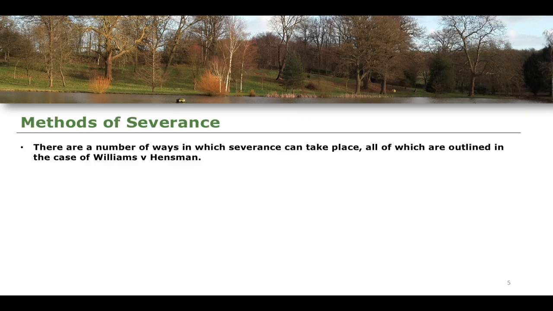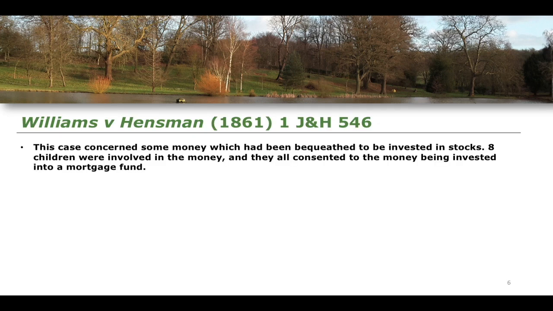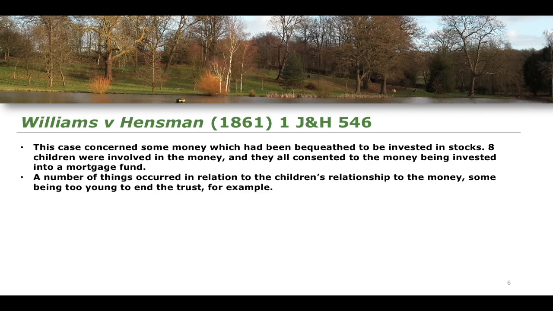Now, the methods of severance are quite numerous. There are a number of ways in which severance can take place, all of which are outlined in the case of Williams and Hensman from 1861. This was a case that concerned some money which had been bequeathed to be invested in stocks. Eight children were involved in the money that was bequeathed at the point at which somebody had died. All had consented to the money being invested into a mortgage fund. A number of things would then occur in relation to the children's relationship to the money specifically, some of them being too young to end the trust, for example.